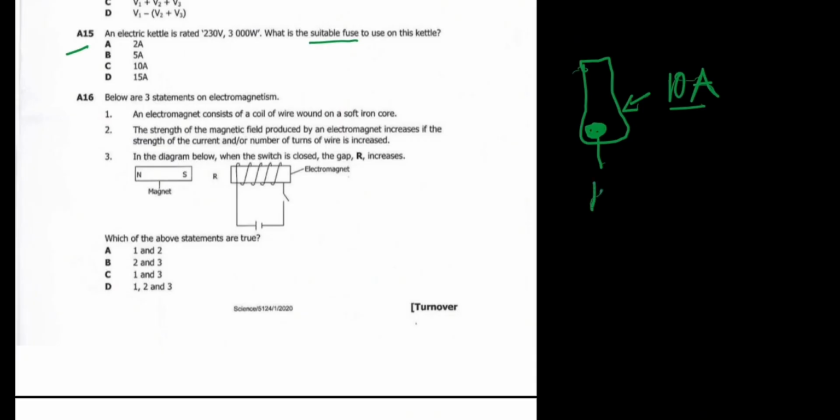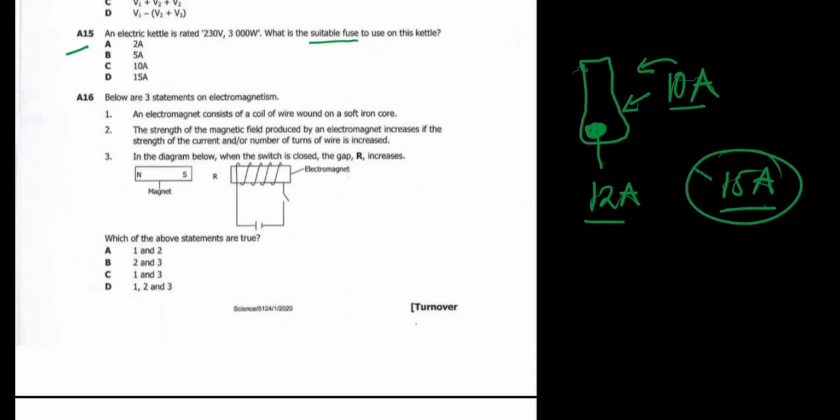So it should be maybe 12 amps. The reason for this is sometimes this current may go up, maybe up to, let's say, 15. Because sometimes it happens like that. So instead of this current destroying the kettle, it actually destroys the fuse. So the fuse acts like a sacrifice.